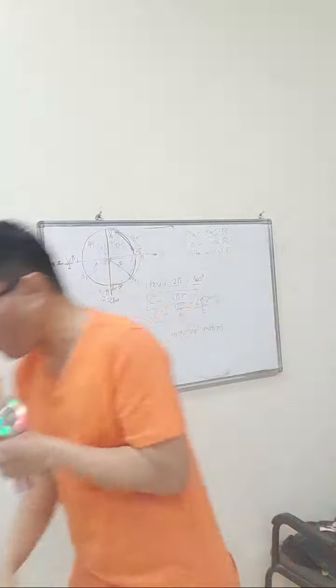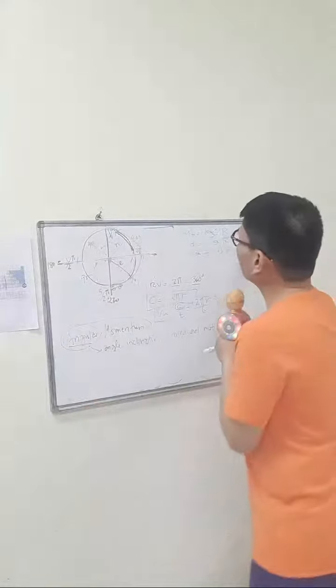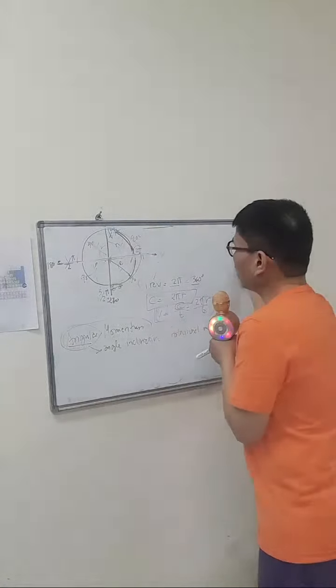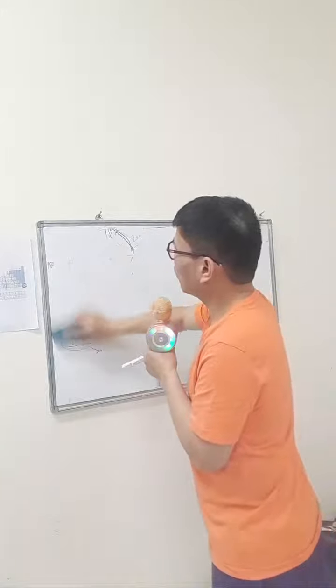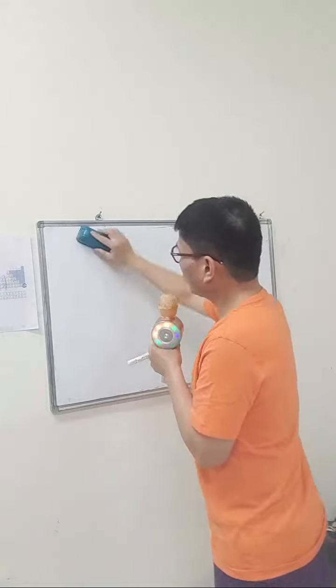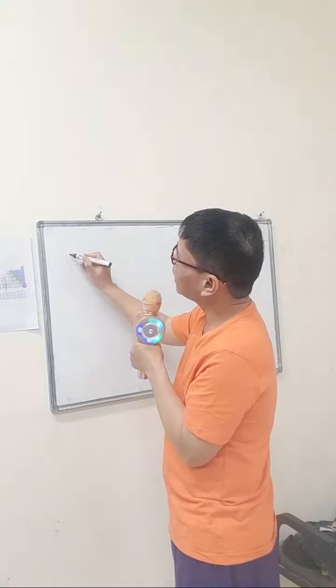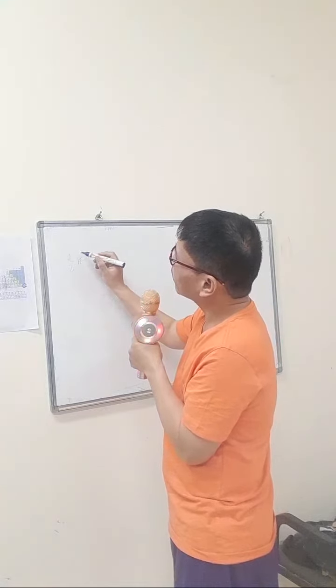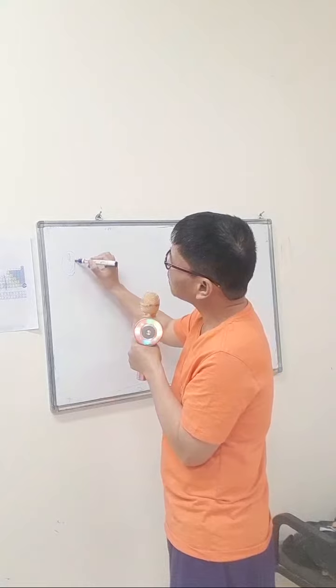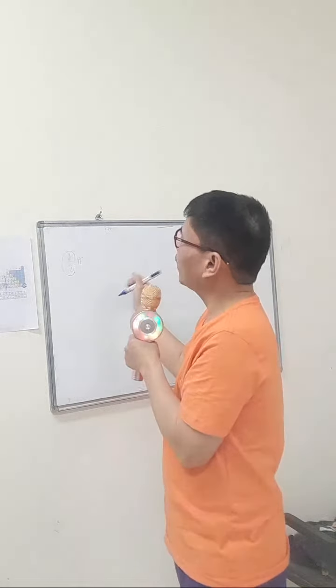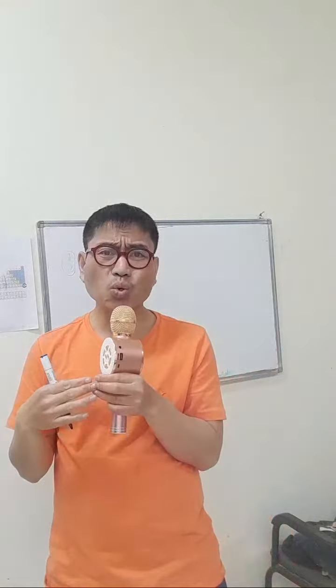So going back to angular momentum. I will erase this. So, before going to angular momentum directly, I need to express, for example, this is going to be 1/2 pi, right? This 1/2 is dealing with the number or the magnitude.